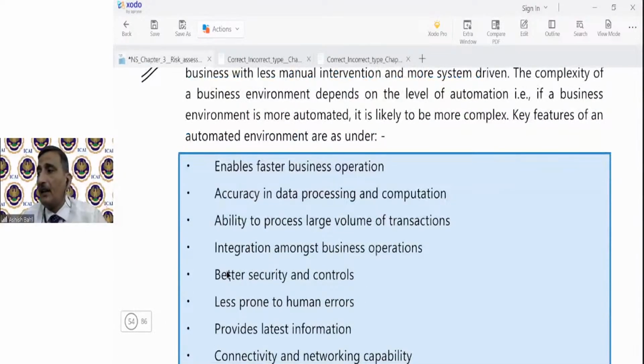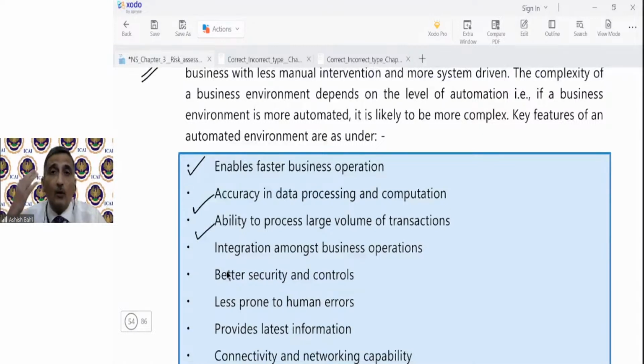So what are the advantages of an automated environment? These are very common sense advantages. You already know, it enables faster business operation and, obviously, accuracy in data processing. So a huge amount of data can be processed accurately within a shorter span of time. Ability to process a large volume of transactions.